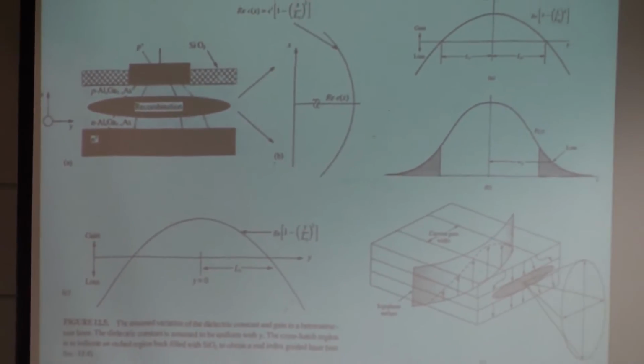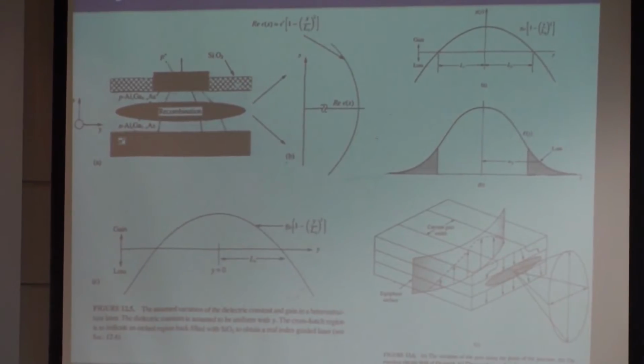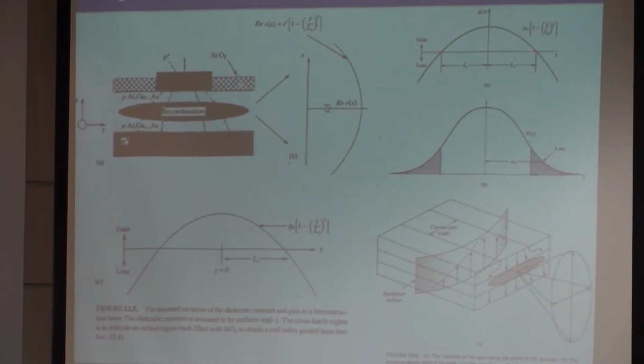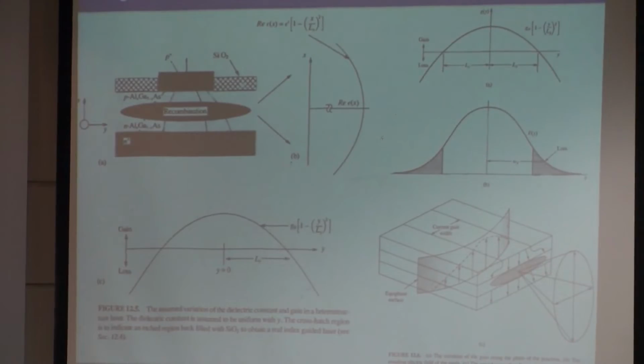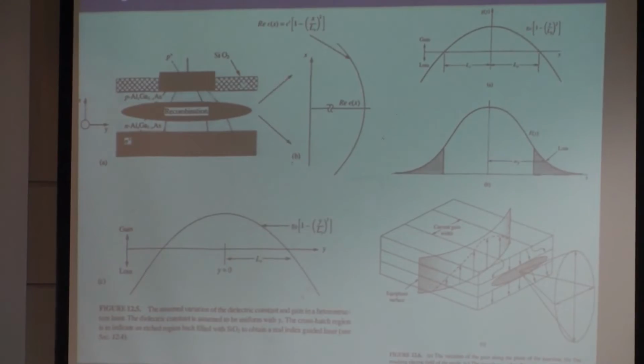So as you inject more current, the shape of the beam changes, and this is one of the undesirable features of a gain guided laser, because if you don't confine the light in the lateral direction, the beam will start becoming broader as you inject more current, because the current is spreading out and the gain region is increasing in size.